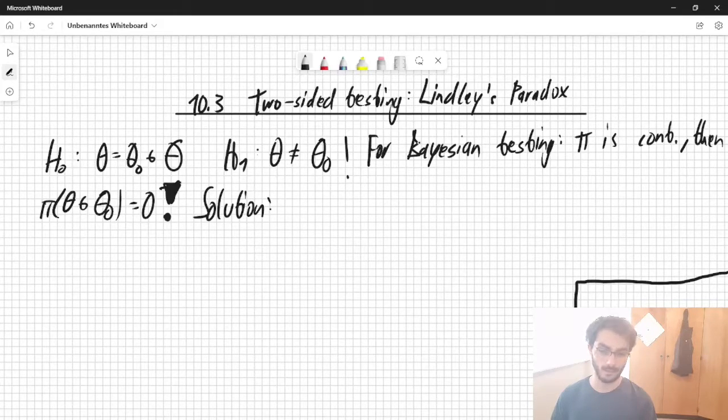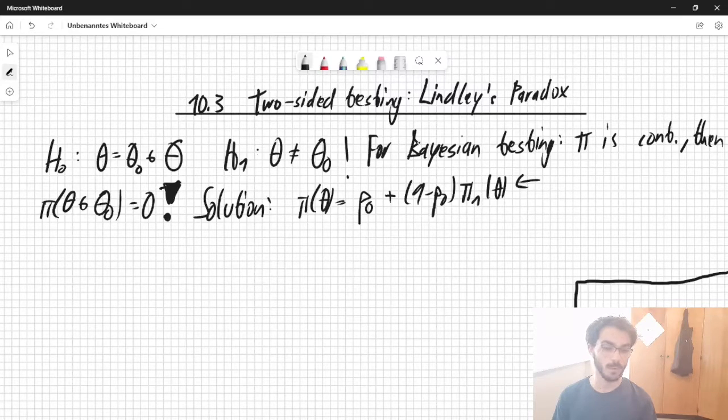We say pi of theta is equal to some constant rho 0 plus 1 minus rho 0 times some measure pi 1 of theta, which is the probability density on theta 1.